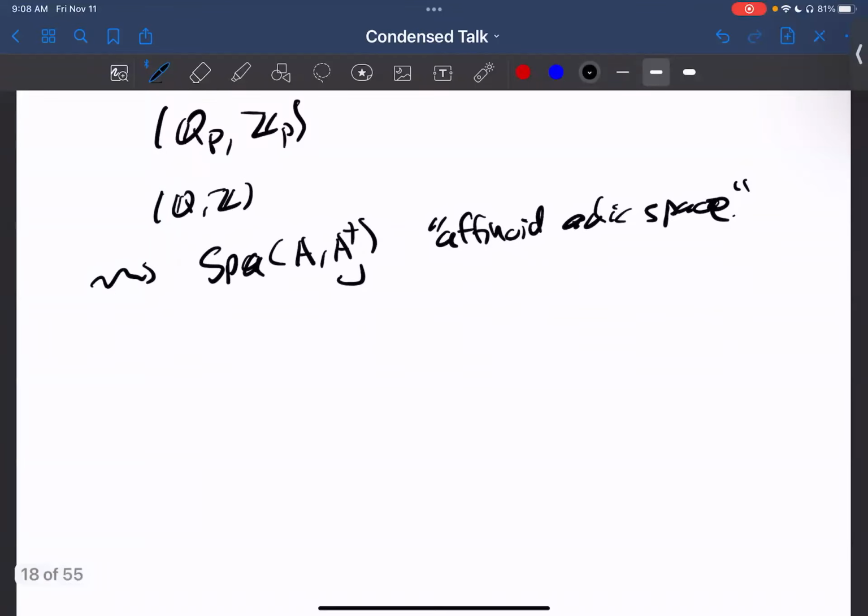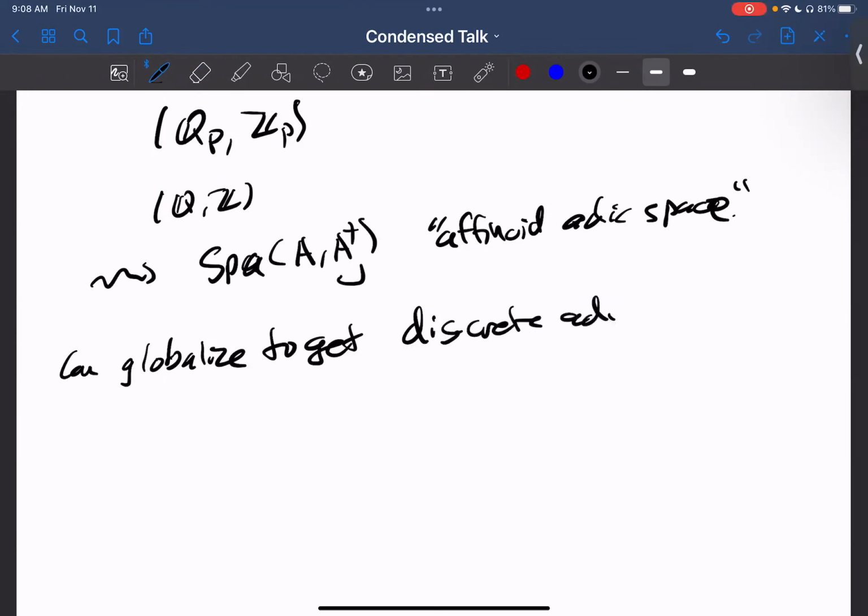All right, and you can globalize, to get discrete adic spaces. So in the exact same way you would in normal algebraic geometry, and using some nice tricks, you don't want to use derived categories here because derived categories don't glue very well.